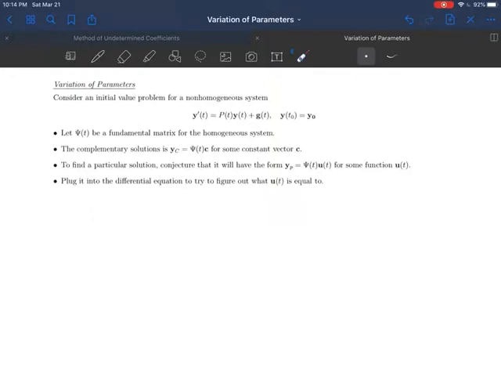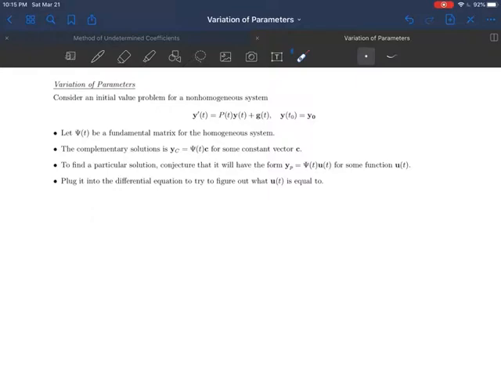Now remember that in the method of variation of parameters, when we did this with single linear non-homogeneous equations, we started with our complementary solution, and then said, okay, well, what if we multiply each component of the complementary solution by some function u1, u2, and then figure out what has to be true about u1 and u2, and then by putting that together, we can figure out a particular solution.